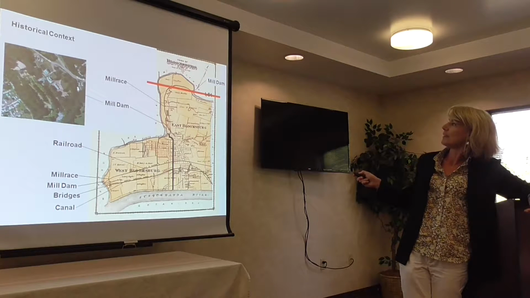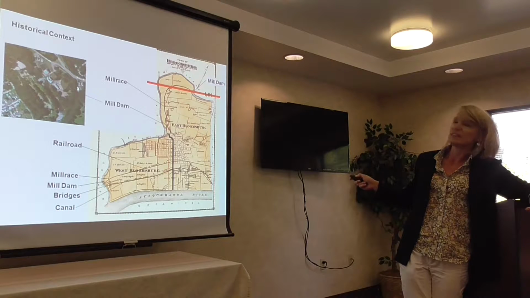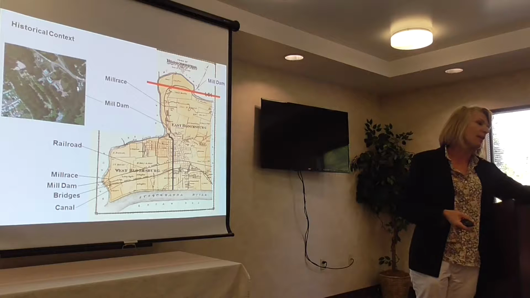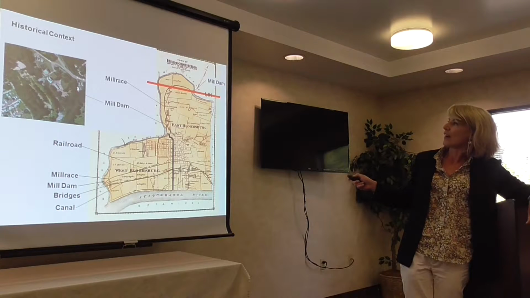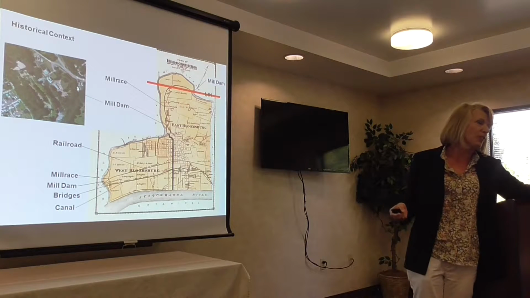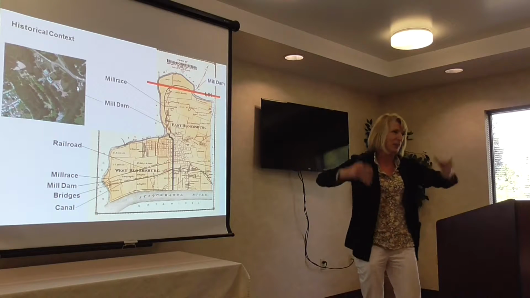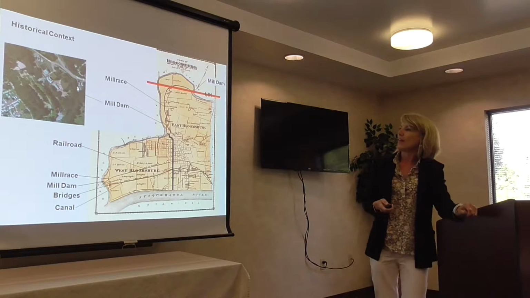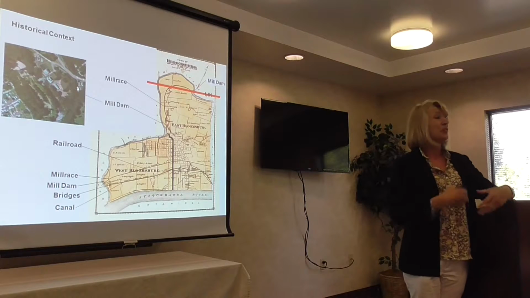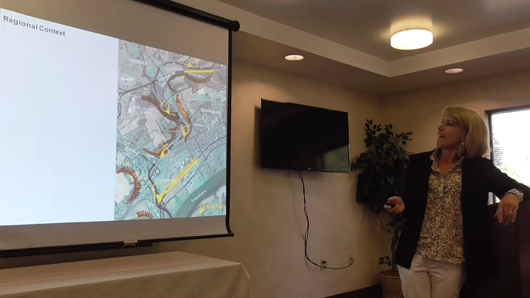Well, what's happened is it's created a huge sediment deposition area back up in this section behind 81, which has a ripple effect and starts to affect the amount of deposition and cobbles that are moving through the system. And if you were in Ben's talk yesterday, he talked about the influence of that bed load moving through the system, which affects the stream dynamics, which affects this site, okay?